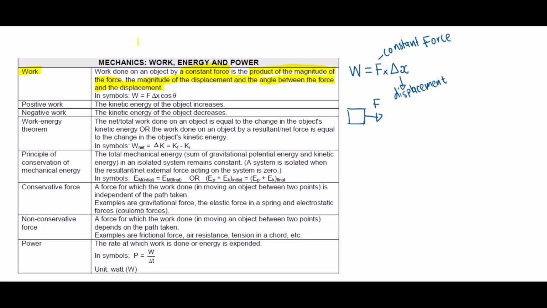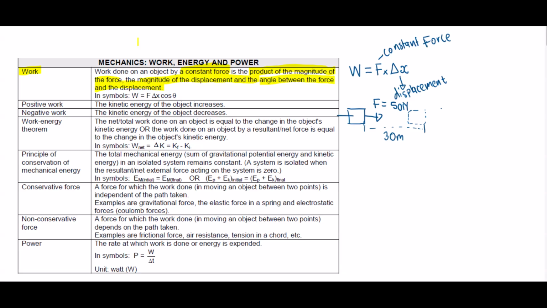We apply a force of 50 newtons to this object, and the object gets displaced by, let's say, 30 meters. Now we check our diagram.